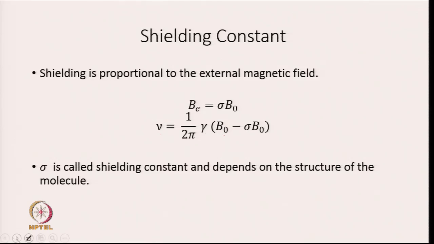And since sigma is different, different protons or protons in different environments will resonate at different frequencies, and that can be used for getting information about the structure of the molecule.